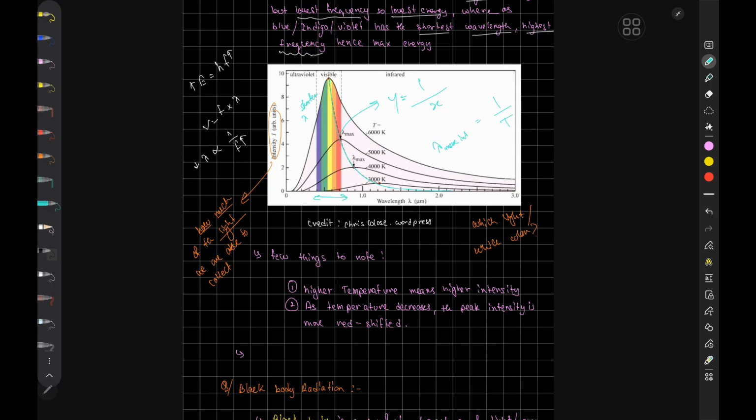As my temperature increases, my lambda max, the wavelength at which max intensity is observed, decreases.